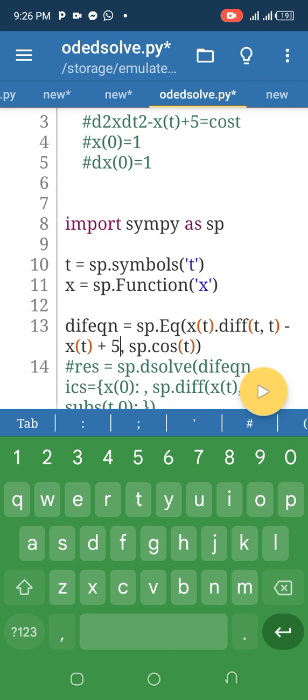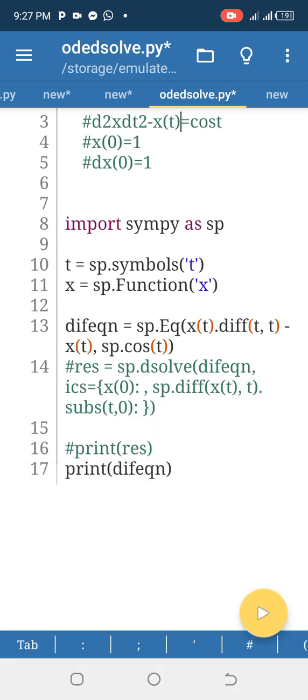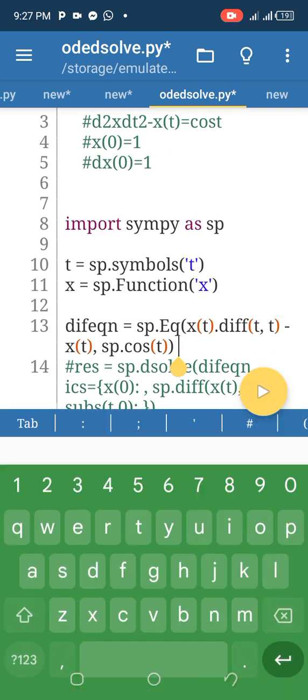So after a comma, that's where we put the right-hand side of this differential equation, and we are saying it is cosine of t, which is at the end of the equal sign on this side. So since the 5 is not there, let us remove it. We proceed with what we have, and after putting our cosine of t, we close the brackets.